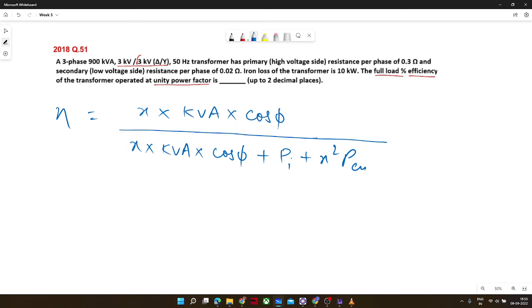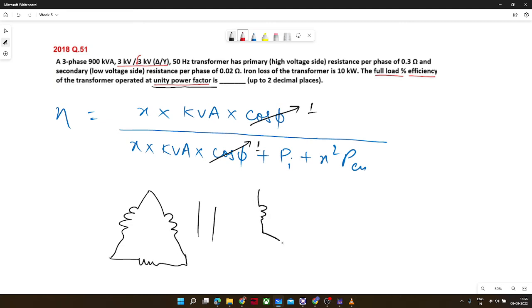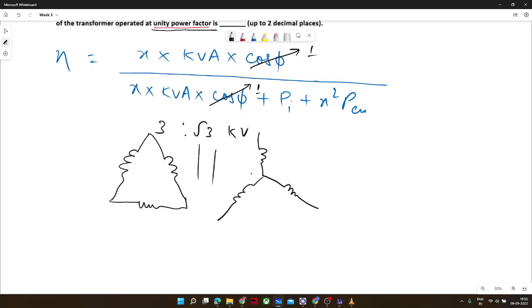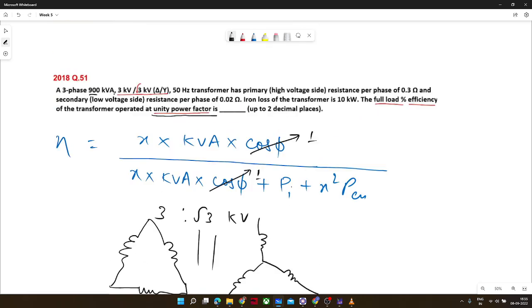So power factor is given as unity, so it will be 1. Now, in the problem, it is connected delta star, a 3 by root 3 kV, 50 hertz transformer, and the kVA rating is given, and the full load efficiency.